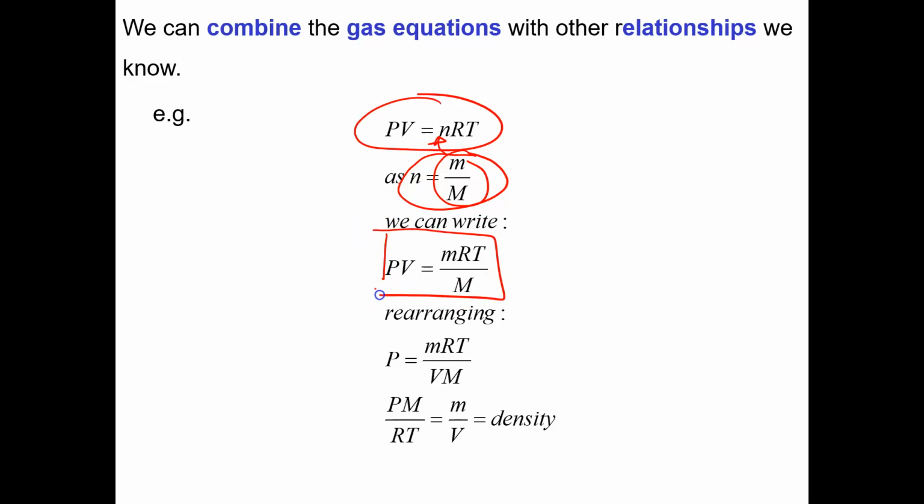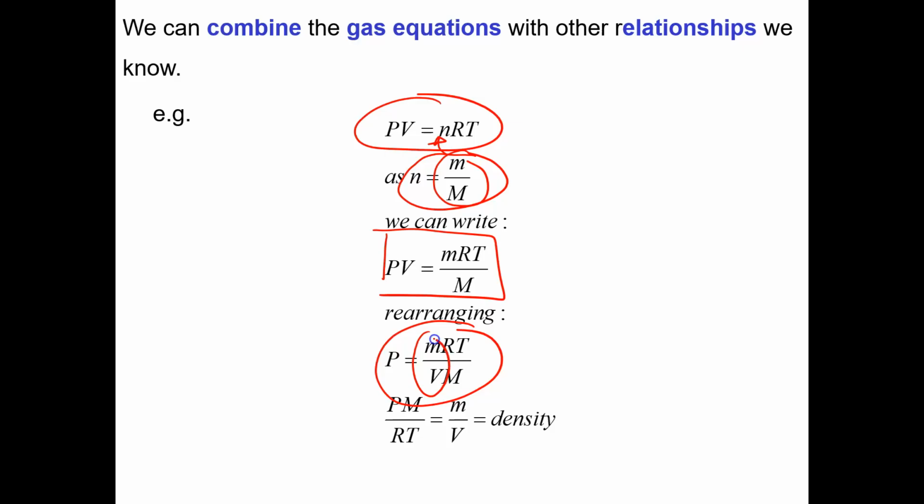This gives me the following. PV equals the mass times the ideal gas constant multiplied by the temperature, divided by the molar mass. Now what I'm going to do is move volume over to the right hand side. And you can see that it'll give me this.